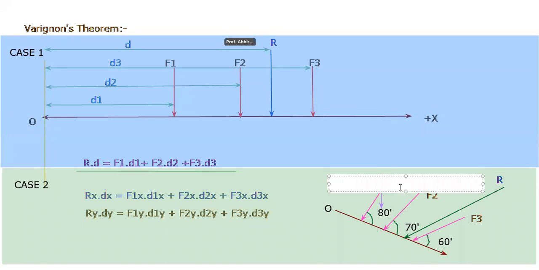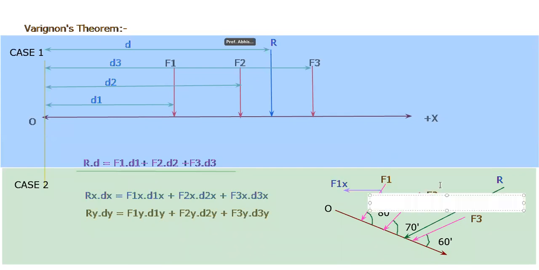We can write it here, F1x, and this will be the F1y. Okay, F1x in negative x direction, F1y in negative y direction. Okay, that's why their sign will be negative. Whenever you will put the value in this expression, their sign will be negative.